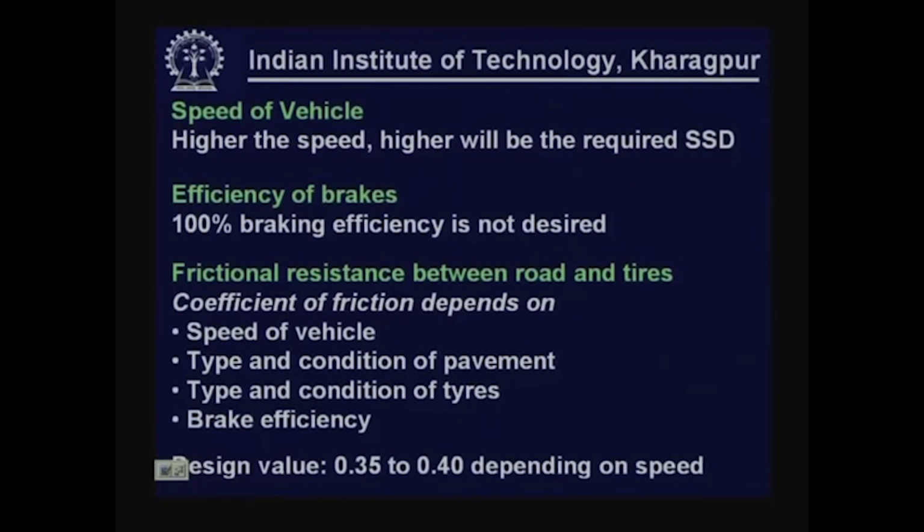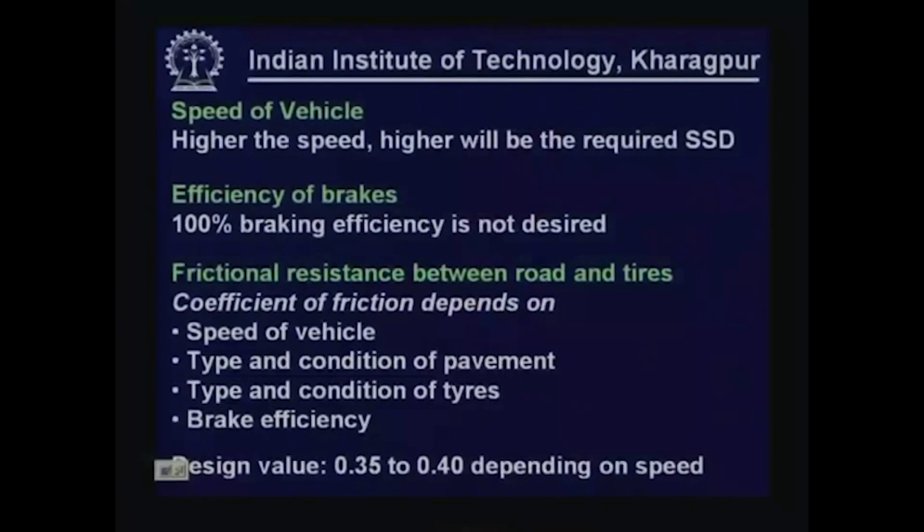This is not desired from the safety point of view, because there will be skidding, and once the vehicle skids, the driver will not have the required control over the movement of the vehicle. Therefore, it is not desired to have 100% braking efficiency while applying brakes.